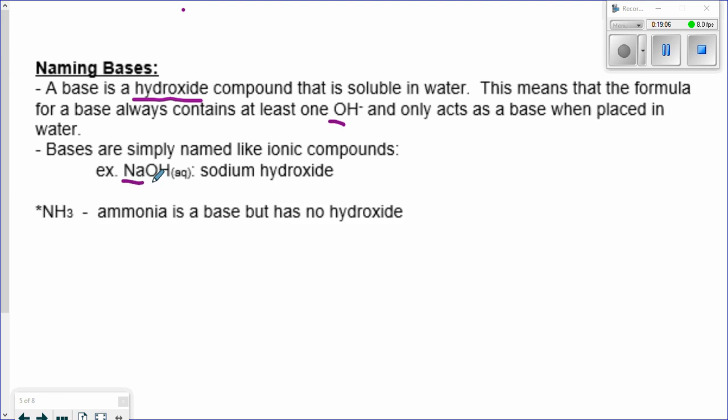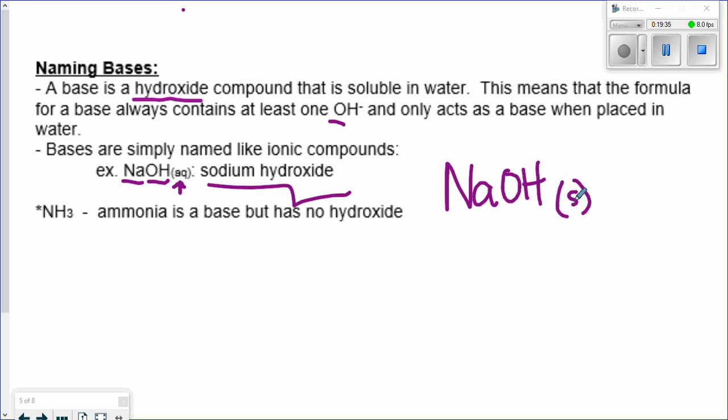We have sodium, we have hydroxide, one of our polyatomic ions. So the way we name it is sodium hydroxide. The only thing that will make it clear that we're talking about a base is this aqueous. Sodium hydroxide, not dissolved in water, actually comes in little pellets when they get shipped to us.